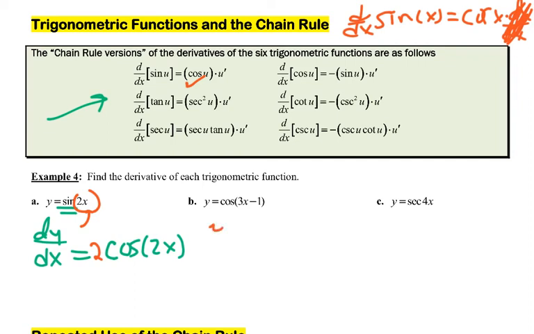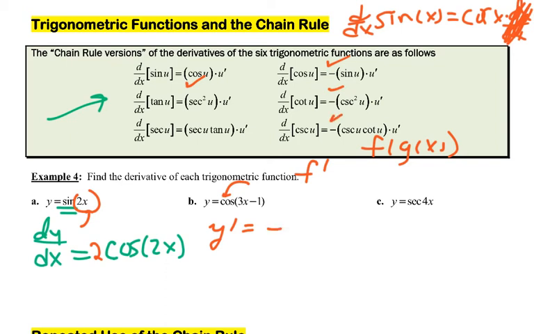Right? So in this one, the derivative of the outside function, or what we call the f prime, because remember, we're thinking of this as f of g of x, okay? The f prime is the derivative of cosine, which is, notice all the cofunctions derivatives are negative, so that should help you.